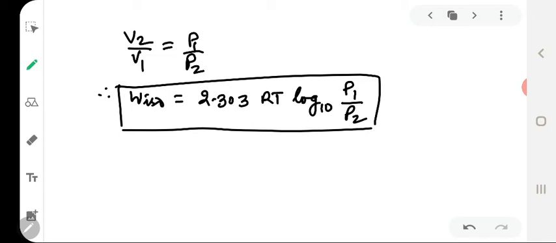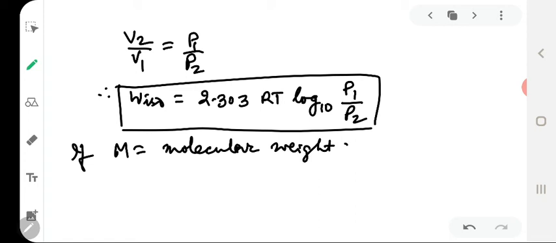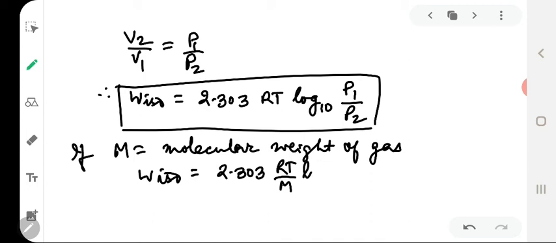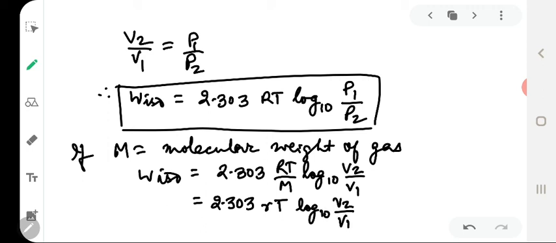So if m is the molecular weight of the gas, then the work done during an isothermal process for 1 gram of ideal gas can be written as equal to 2.303 small r T, where small r is the gas constant.